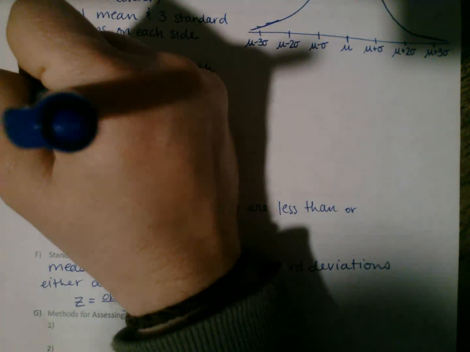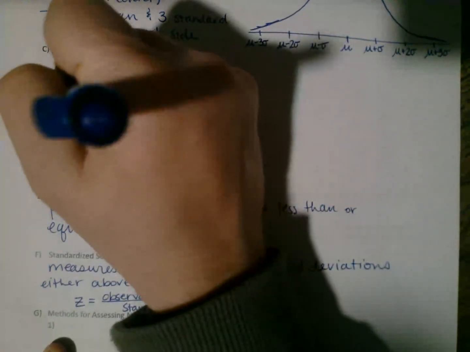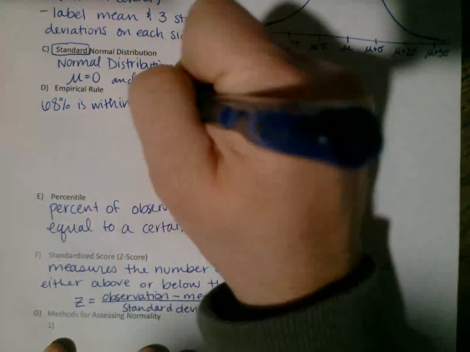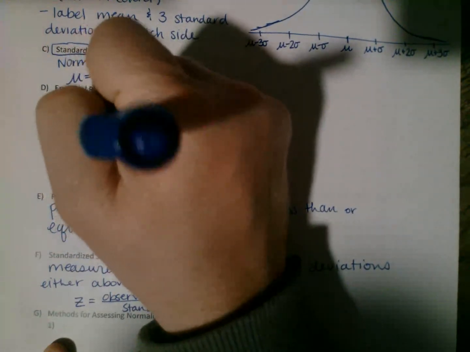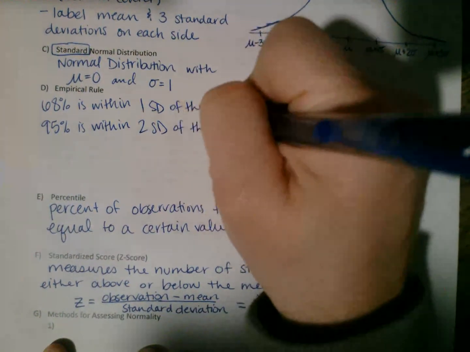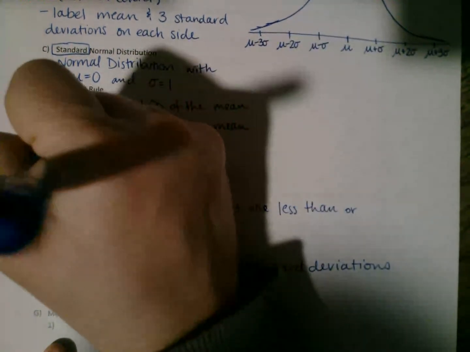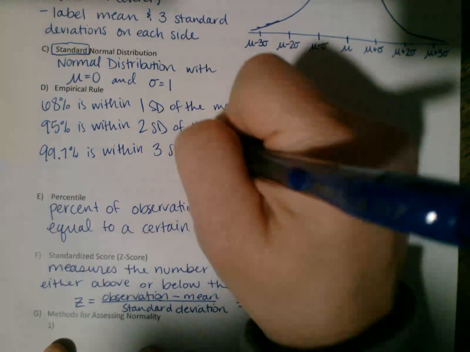So it tells us that 68% is within one standard deviation of the mean. 95% is within exactly 2 standard deviations of the mean. And 99.7% is within 3 standard deviations of the mean.